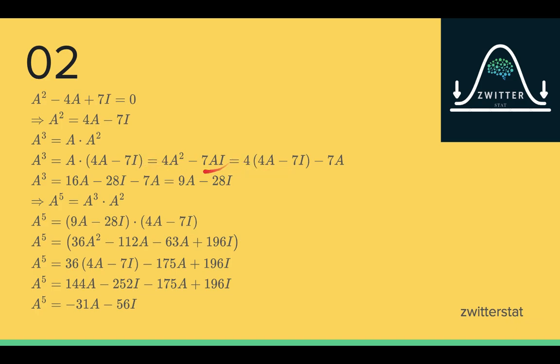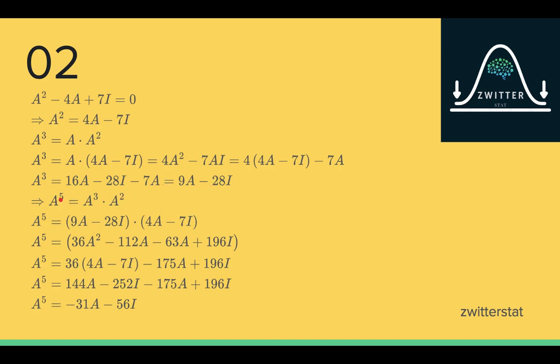So I get 4A square minus 7A, and we know that A square is 4A minus 7I. So I again replace A square with 4A minus 7I and I will solve this and I will get A cube equals 16A minus 28I minus 7A, which is 9A minus 28I.